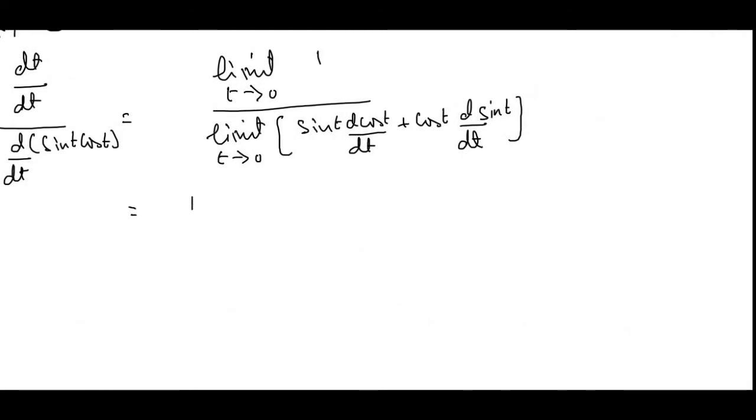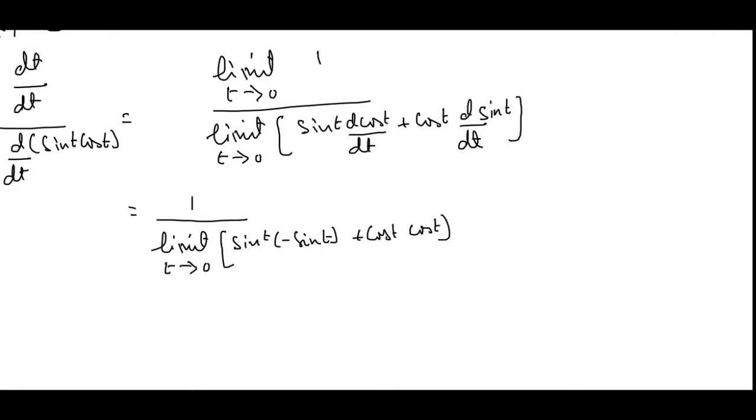Now this is 1 because it's a constant, whole divided by limit t approaches 0, sine t minus sine t plus cos t into cos t.